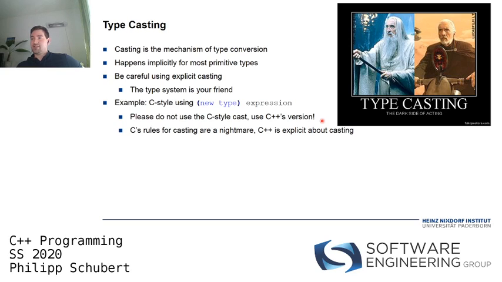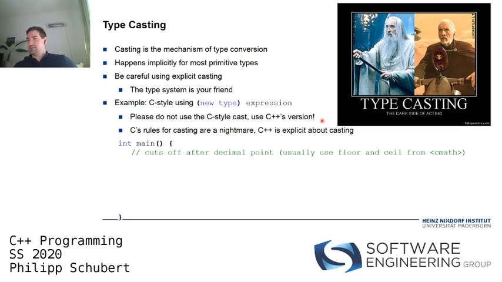If you look up the casting rules for the C style cast operator, it's a nightmare really, and C++ is somewhat more explicit about casting, so it's in general safer to use. Here we have some examples. In this case I'm using the C style casting again, which I shouldn't do. Here we have a double, right?